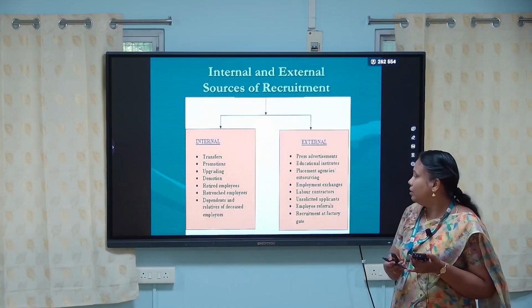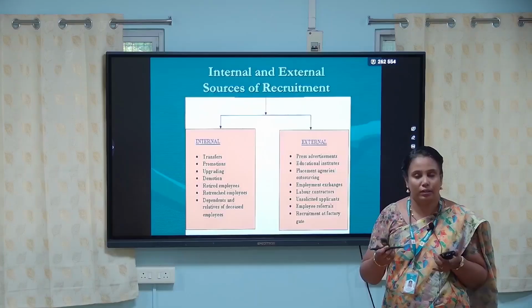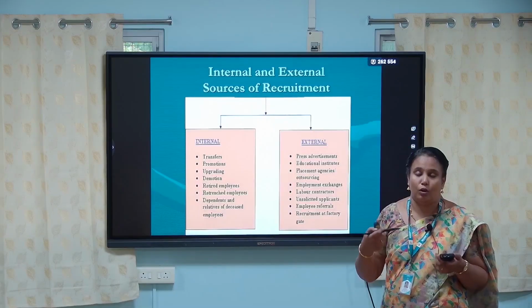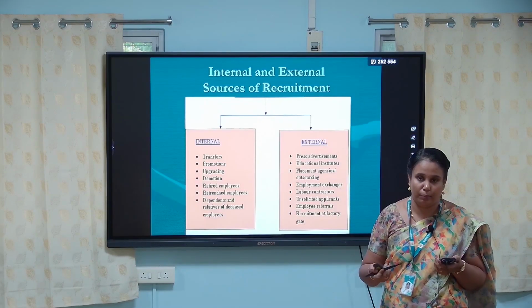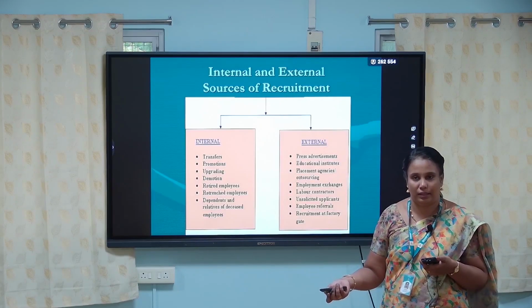And finally, dependents and relatives of deceased employees. Suppose an employee dies at the time of working, the organization will offer an employment opportunity to the relatives or dependents of the deceased employee.